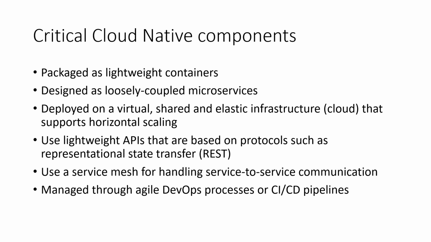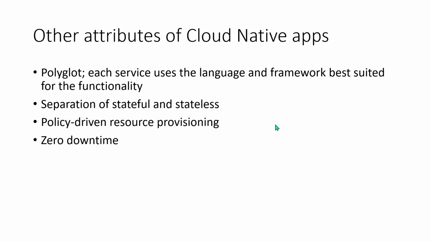Use a service mesh for handling service-to-service communication, managed through an agile DevOps process or CI/CD pipeline. So these are some of the critical components of a cloud native component.